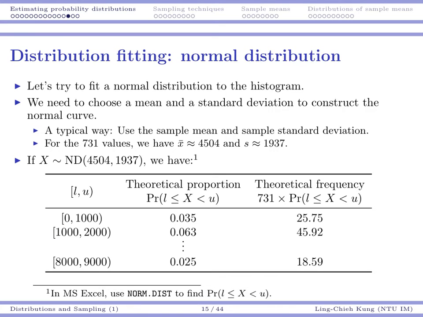And if that's really the probability for X to fall inside the region, then in the past 731 days, that should give me a theoretical frequency which is around 25. And then the next category is around 45, and so on. So I calculate the theoretical frequencies according to my hypothesized normal distribution.